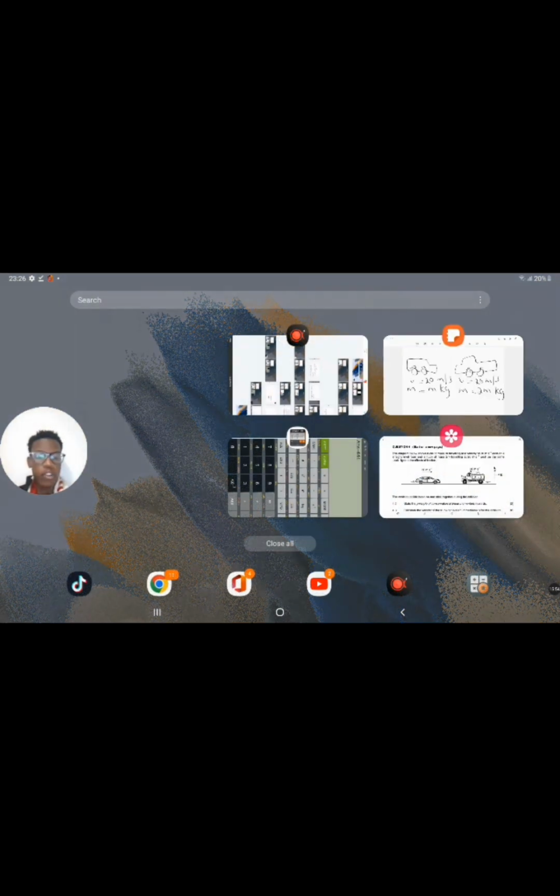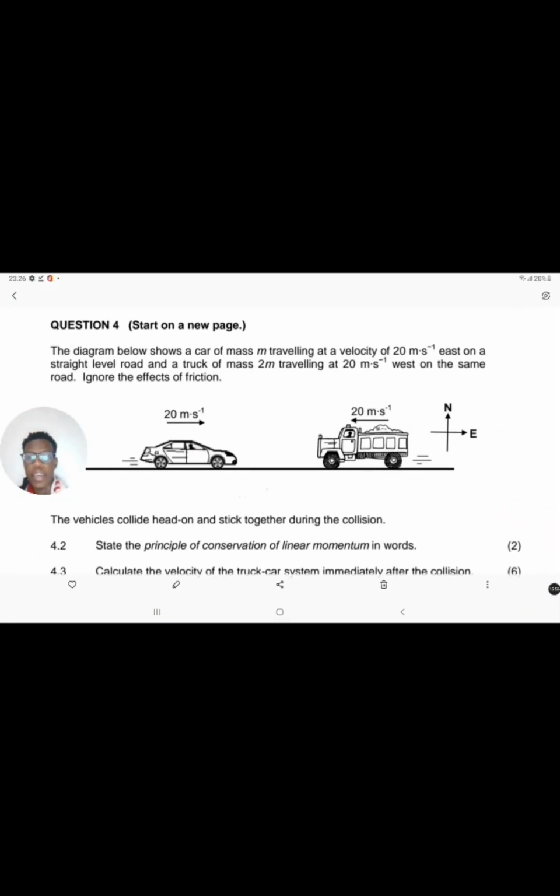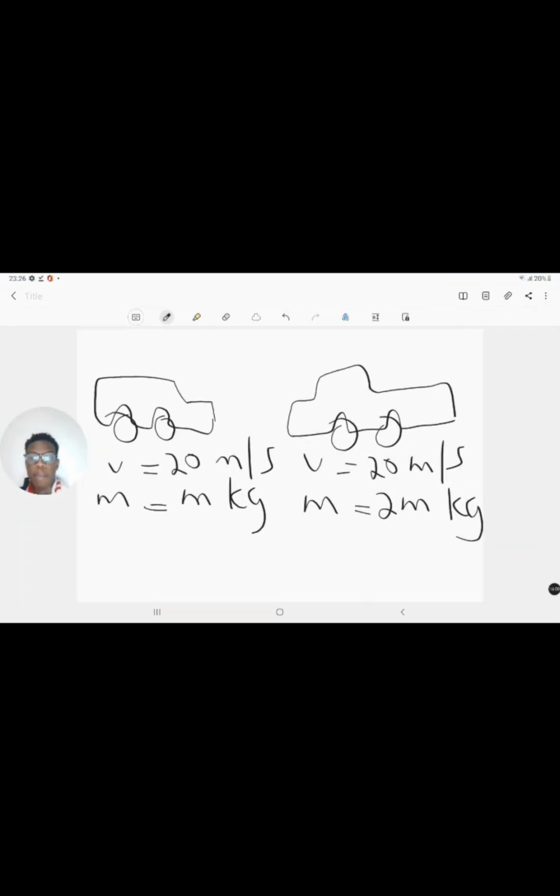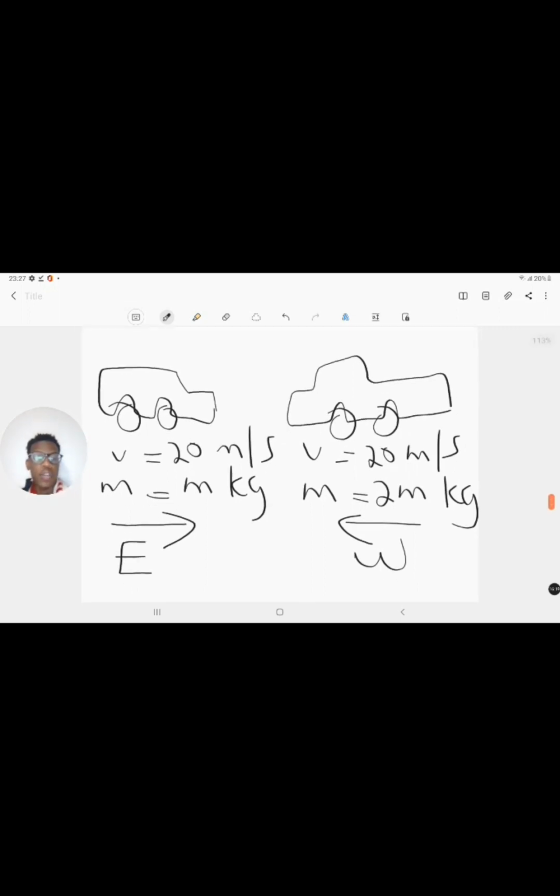Let's just confirm that the truck has a mass of 2m. Yes. Okay, so remember that this truck is traveling that way and the car is traveling that way. It's important to specify directions. So in other words, this car is traveling to the east and this truck is traveling to the west. Okay, right. The car is traveling to the east and the truck is traveling to the west.